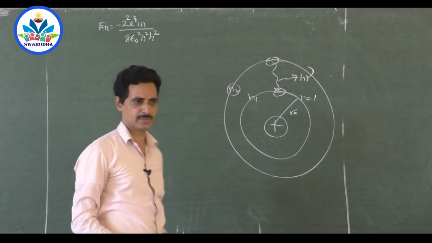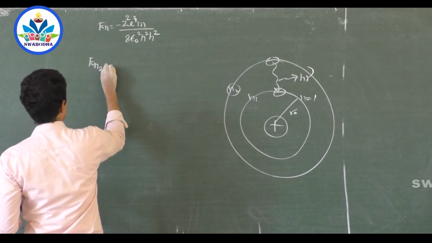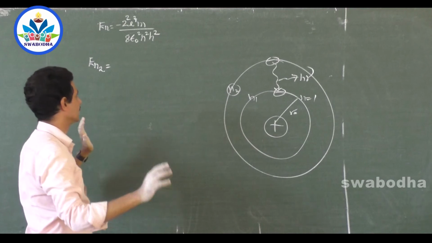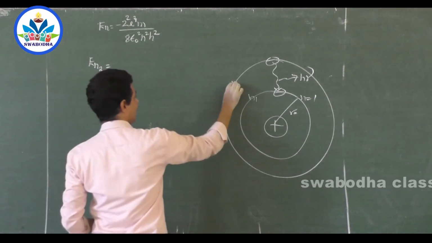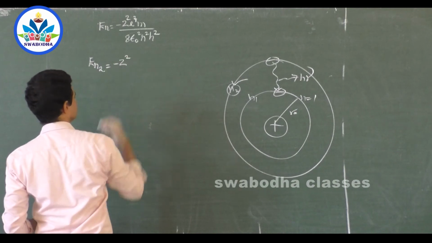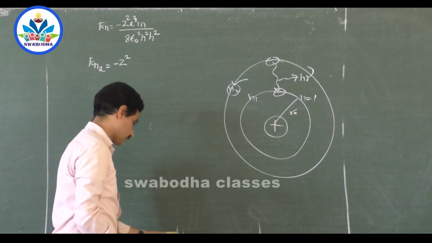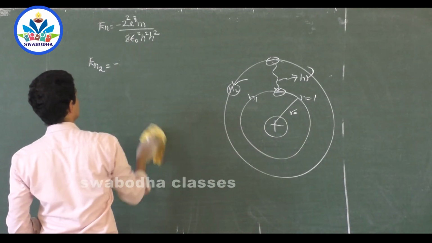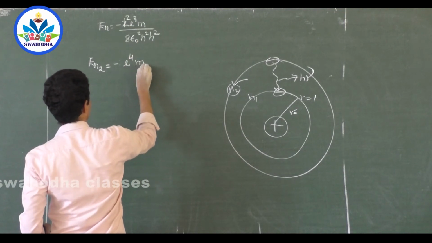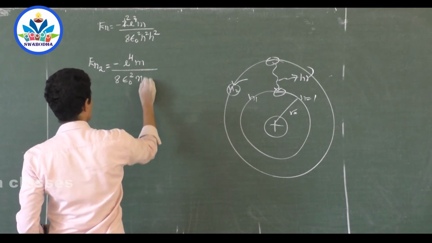Now we say that it is electromagnetic radiation. When it is in the higher energy level, E_n2, what do I have to change in this? Only n. All the other things are constants. So when the electron is in the higher energy state, its energy is given by minus Z square e to the power 4 m divided by 8 epsilon naught square n2 square h square. Of course, Z is 1 for the hydrogen atom.